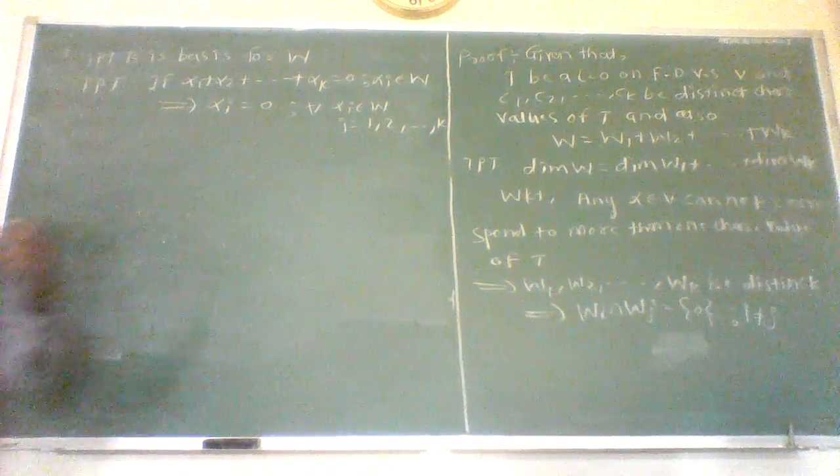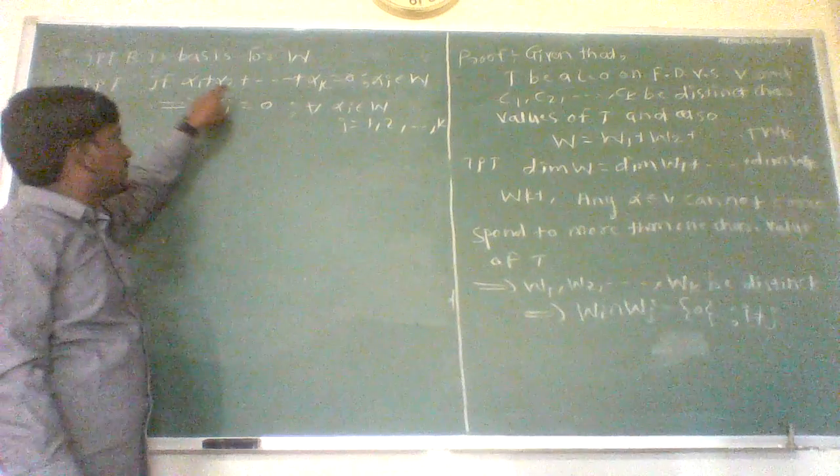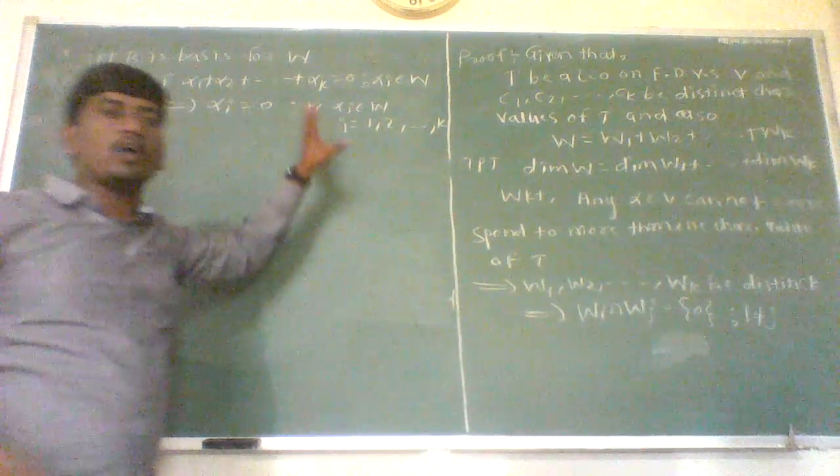Okay? That is, if the sum is equal to 0, then each alpha i must be equal to 0. First we have to prove this.